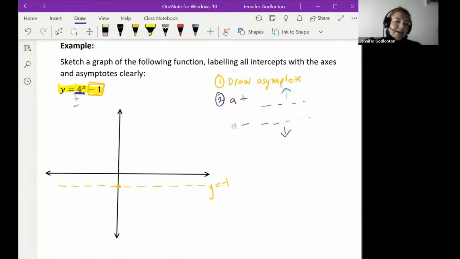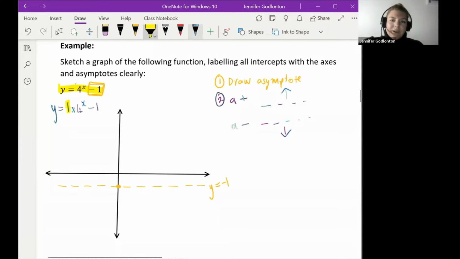Now in this case, if I was rewriting this with an a and b, it would be y is equal to 1 times 4 to the power of x minus 1. So my a value is +1, which means my graph is going to be above the asymptote.